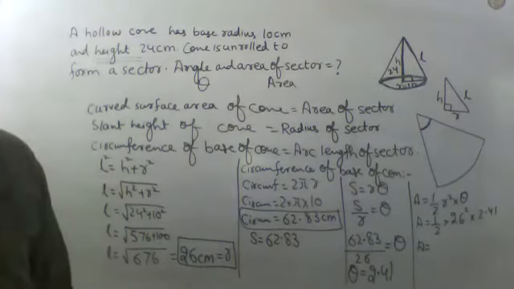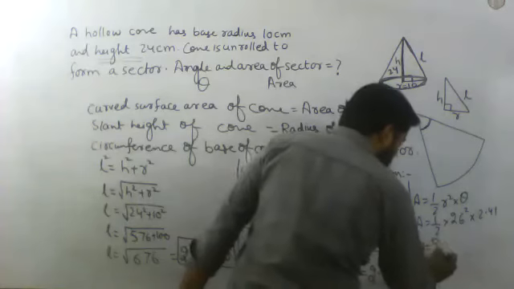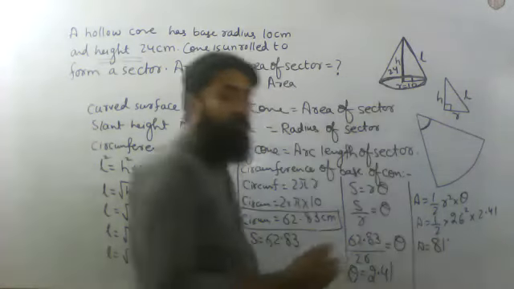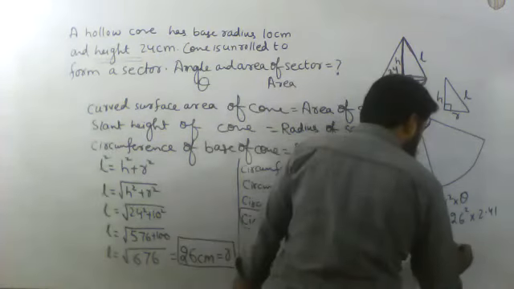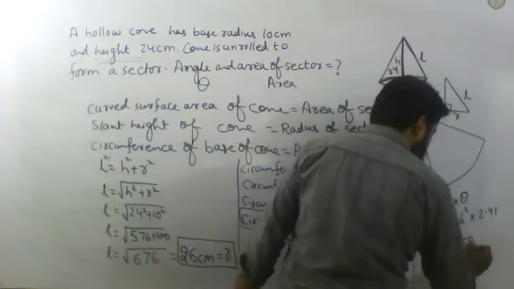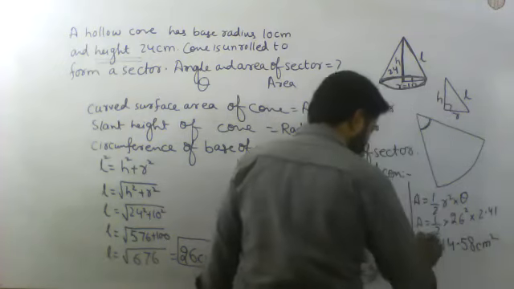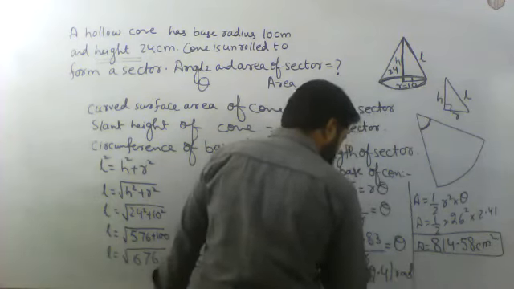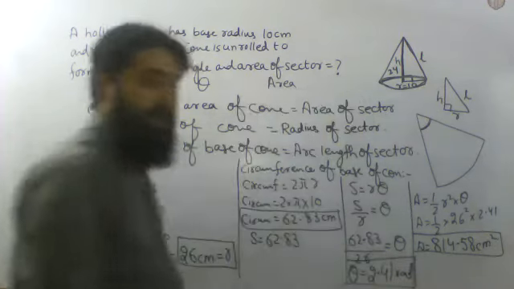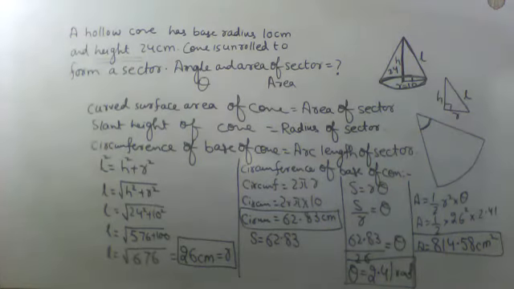So when I am doing the whole thing, half into 26 square into 2.41, my answer is coming 814.58 centimeter square. Theta is coming in radian and the area is coming in centimeter square. This is how you will be solving this question.